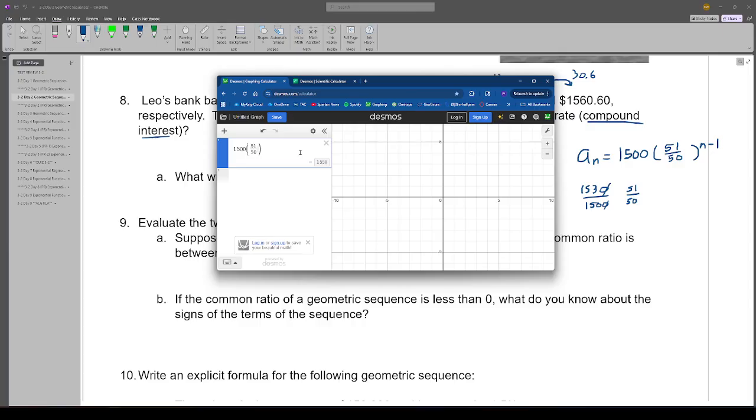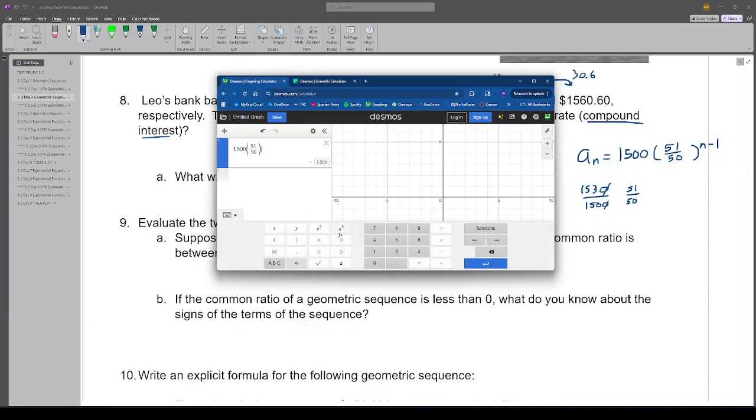So the parentheses are going to force the division to happen before the exponent, which normally it wouldn't, as we know, because exponents happen first. Then we use a to the b in order to raise it to the power. And then n minus 1, if we wanted to graph this as an exponential curve, we could put x minus 1. And we have to put parentheses in the exponent as well so that it doesn't drop back out.